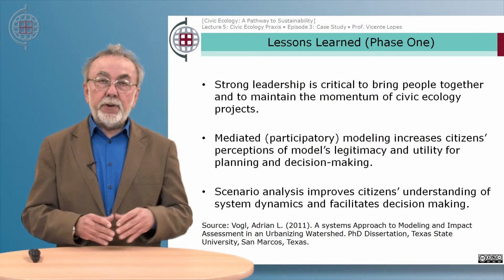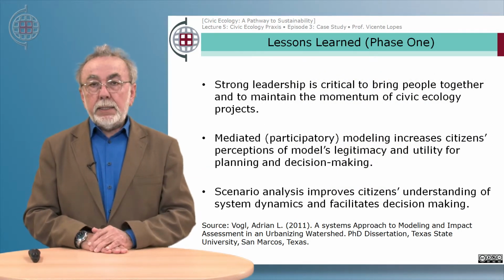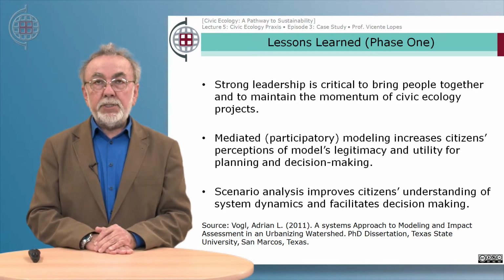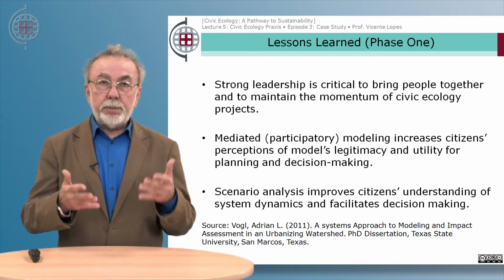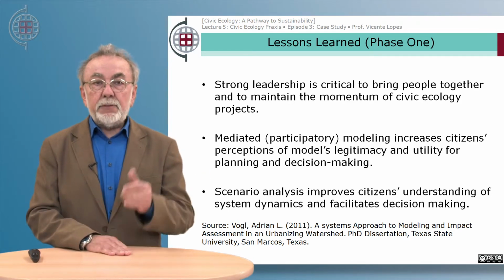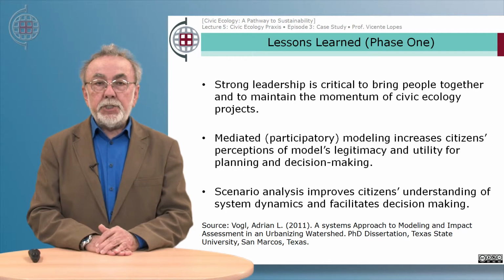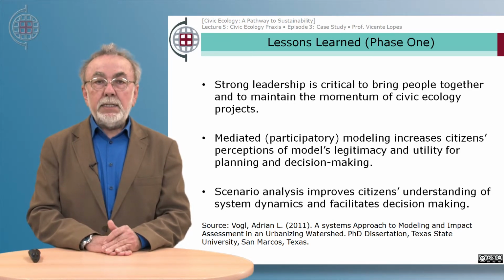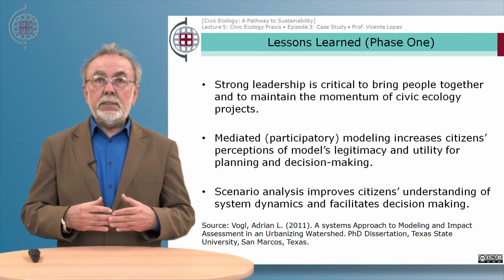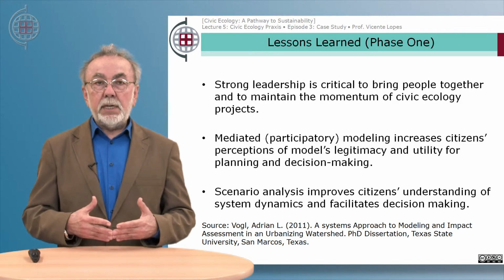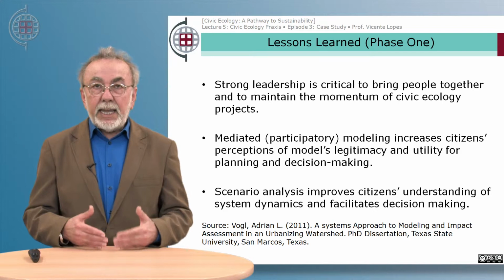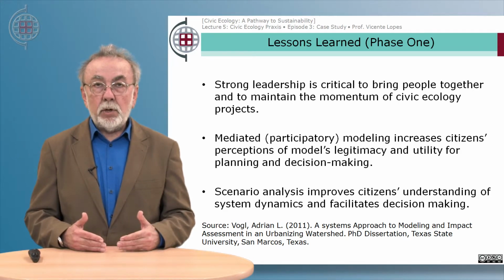Some lessons learned from phase 1, and that also are relevant not to this particular project, but to civic ecology projects in general, is that first, strong leadership is critical to bring people together and to maintain the momentum of civic ecology projects. As I mentioned in this lecture, a civic ecology project is a demanding project. It requires the engagement and participation of the stakeholders.